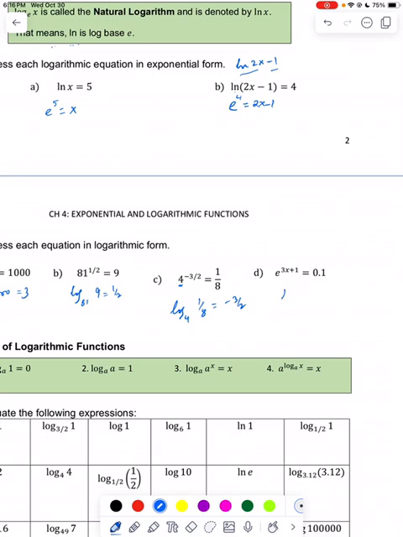Well, we usually don't write like this, but at this moment, because this is new to you, you may keep doing it. Log base e of 0.1 equals 3x plus 1. And then in the next step you should write this as ln of 0.1 equals 3x plus 1.